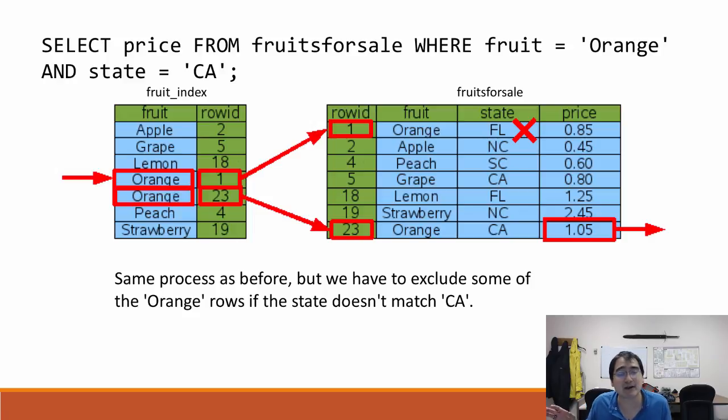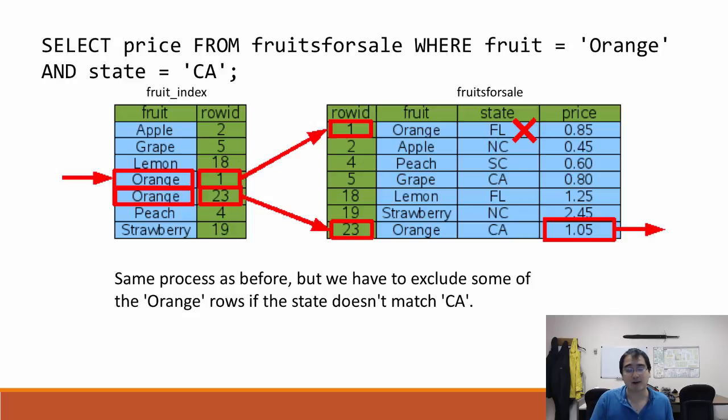So the first time I go through, I find, oh, I have an orange in row ID 1. Oh, I can't report it, you're from Florida. And then I do, oh, I have an orange in variety 23. Hey, 23 is sold in California. I report $1.05.